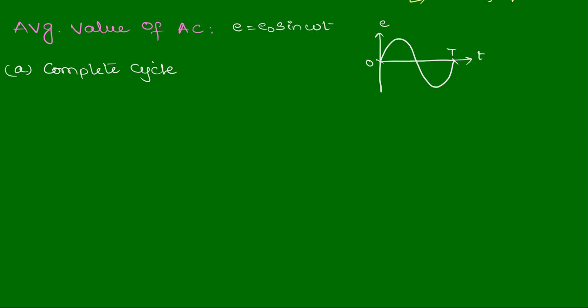So now the formula for average value, E average, is given as integration of E dt by integration of dt. This is our general formula. We have to remember this. Now in that we have to substitute E is equal to E naught sine omega t.